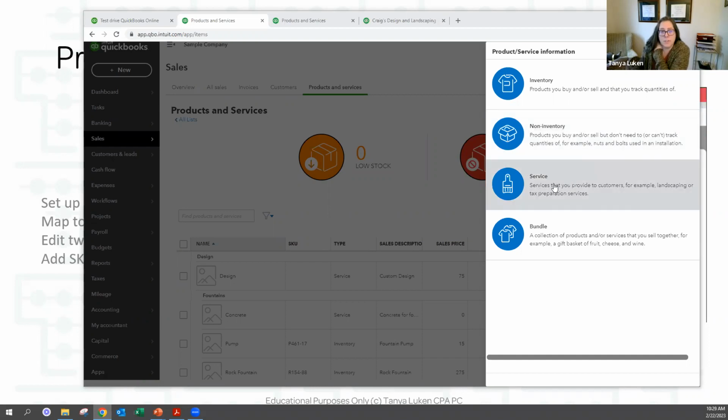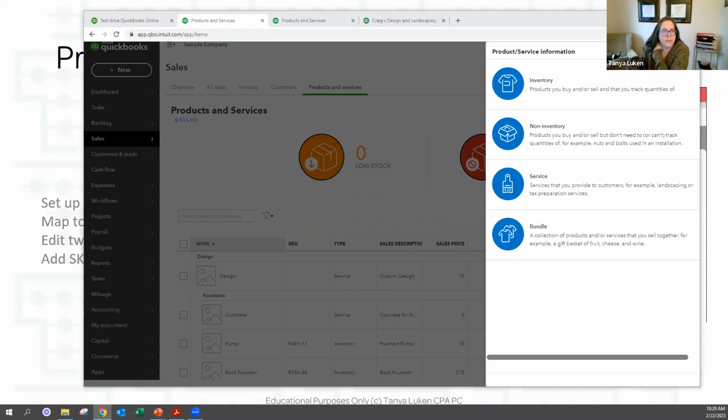And then you would set your service up for the cost of the camp. And then you would create a bundle that had the different tiers. So for example, if they could buy a 7-day pass or 8-day pass or 10-day pass, whatever, then you would create a bundle that included the t-shirt as a non-inventory part and the service for the cost of the camp.